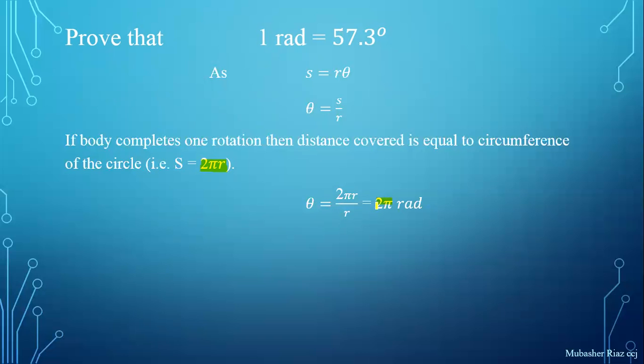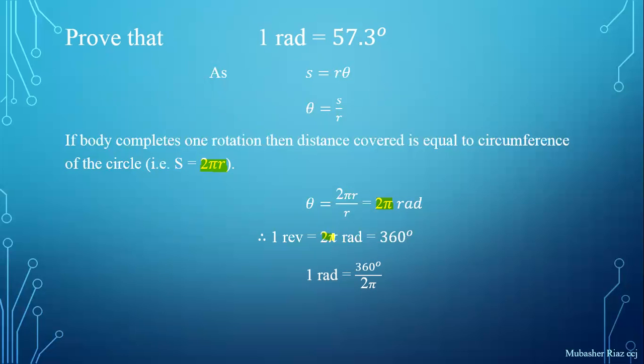equal to 2 pi radian. From this equation we can deduce that one revolution is equal to 2 pi radian and it is also equal to 360 degree, while we have to prove the relation between radian and degree. For this purpose 1 radian becomes equal to 360 over 2 pi.